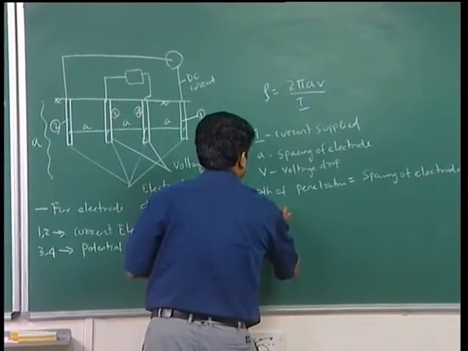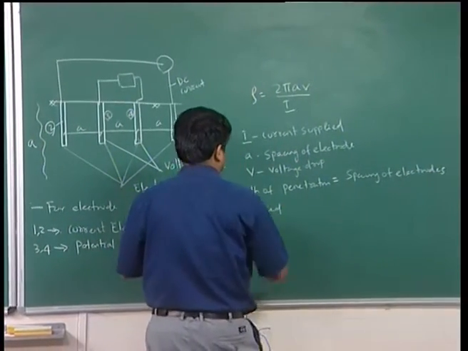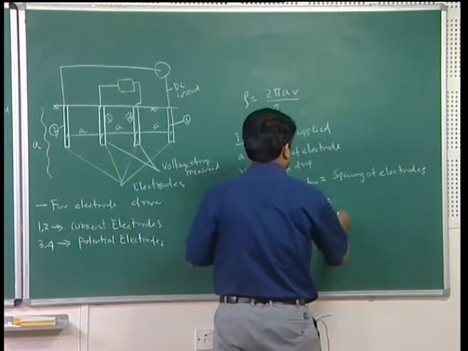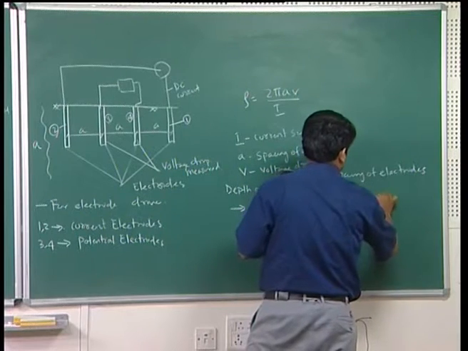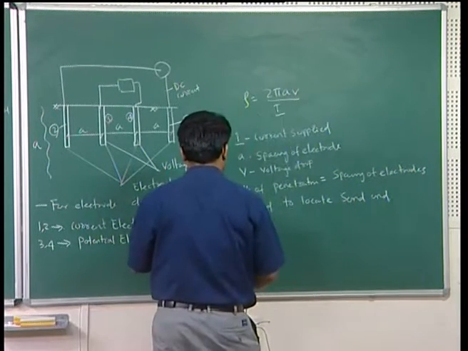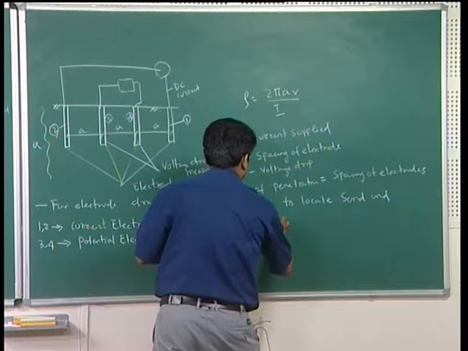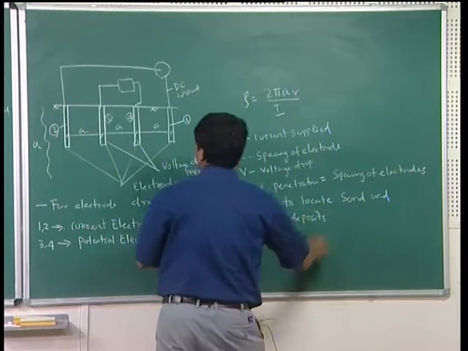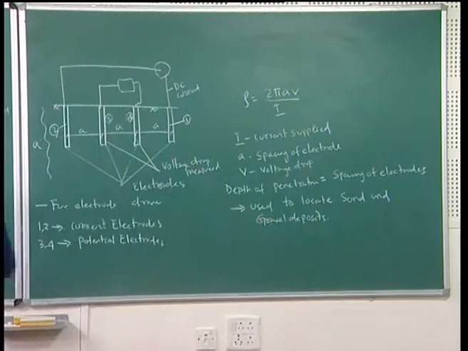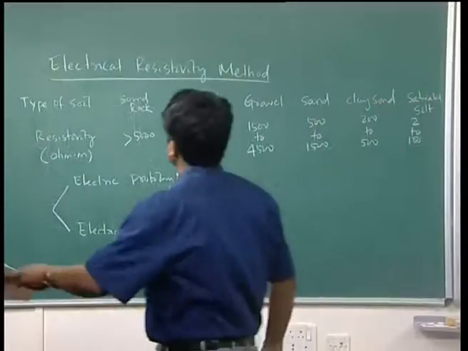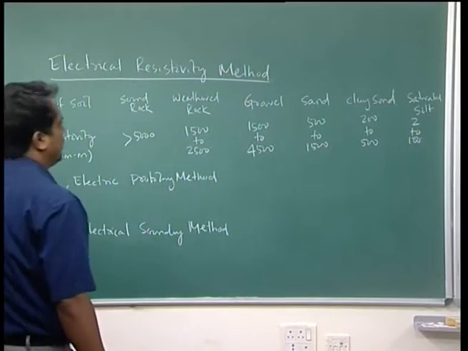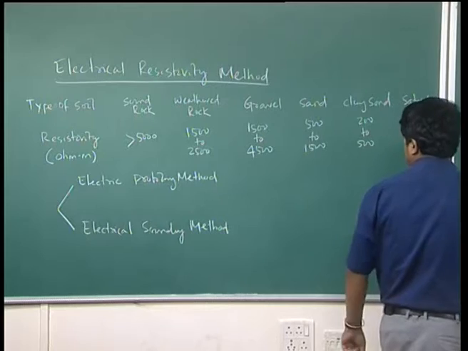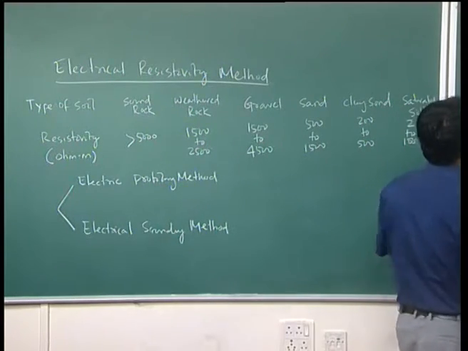It is used to locate sand and gravel deposits. Now, electrical resistivity method means by drop of voltage, that means method 1, electrical profile method.